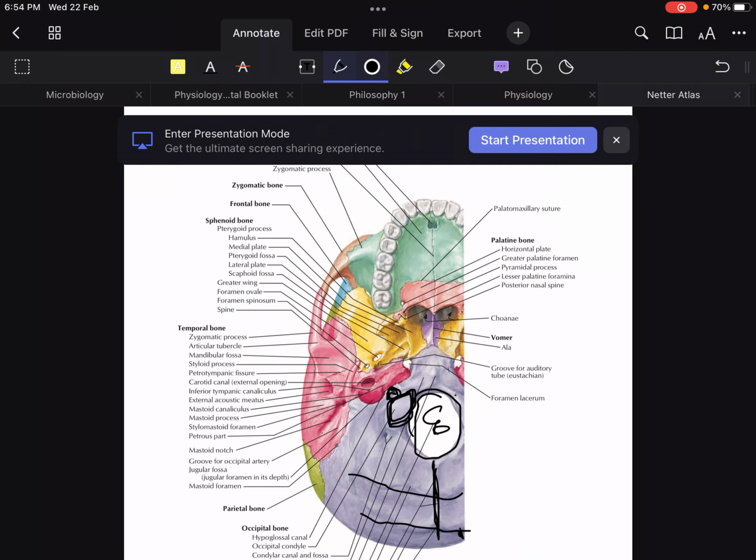I told you that these all foramens are for artery, veins, and nerve. For now, you don't need to remember these artery, vein, and nerves, but later I'm going to explain you. Okay? It's about the occipital bone.